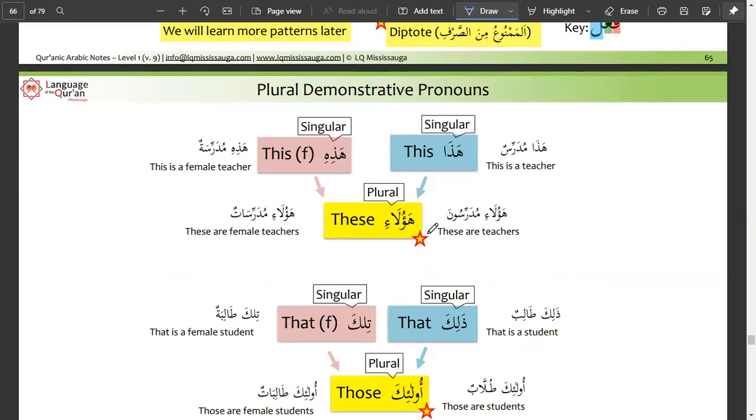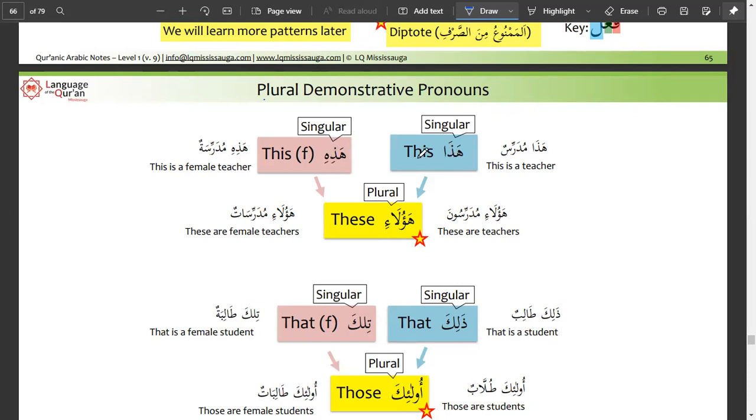Okay. Then we will learn about the plural demonstrative pronouns. We have learned haza. Haza means this. Haza is singular masculine. And hazihi is singular feminine.